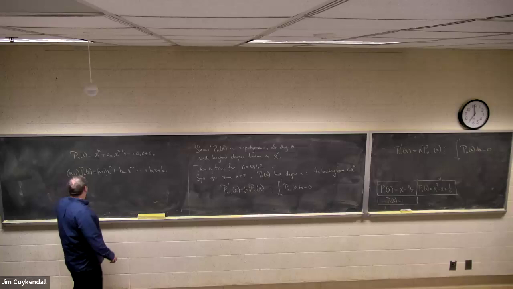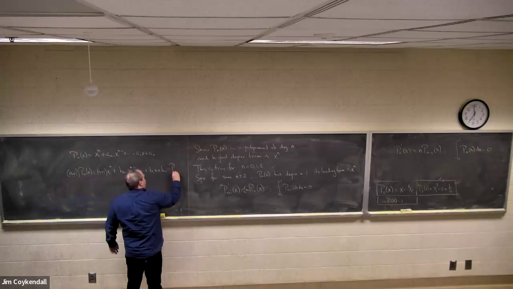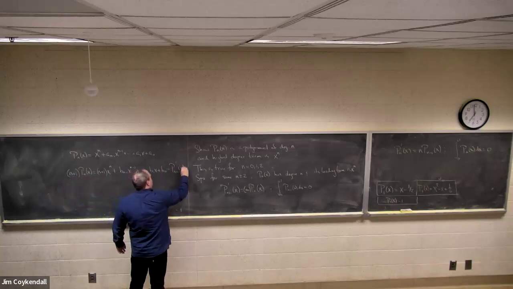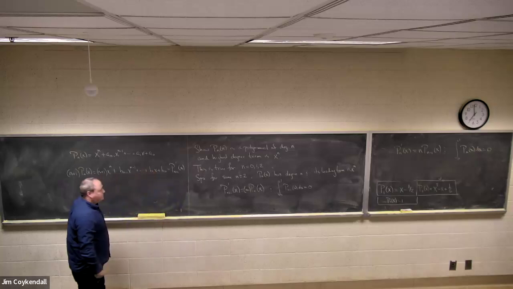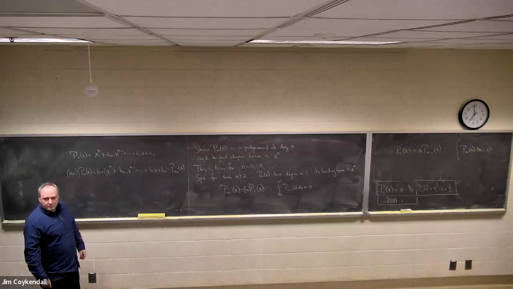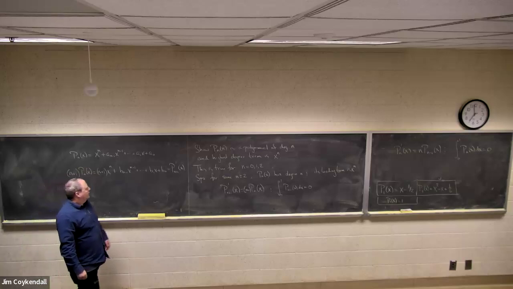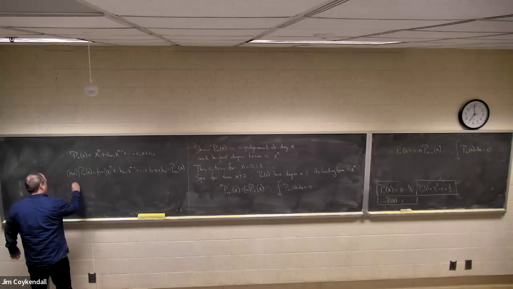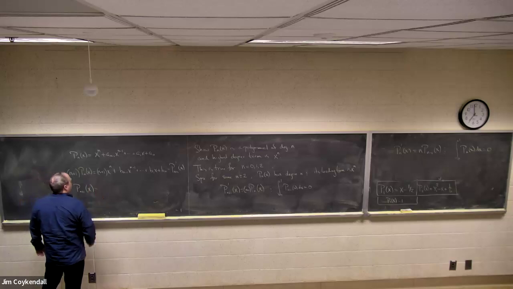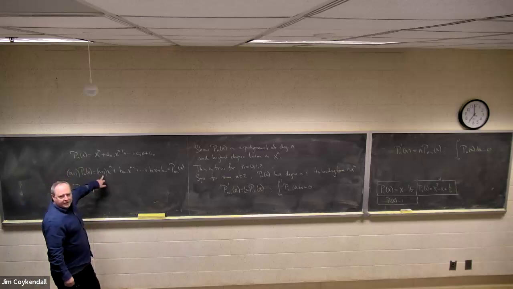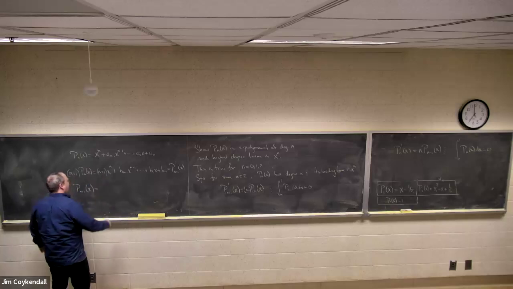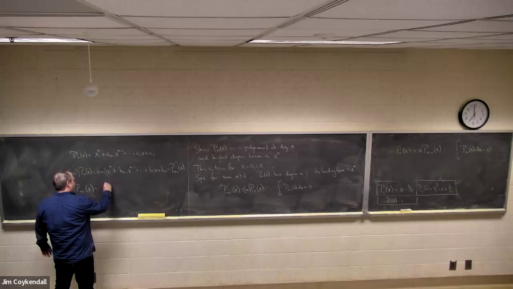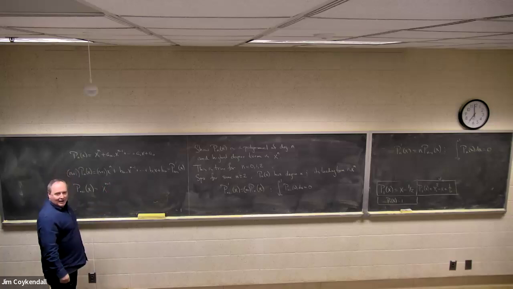And what is this? Well, this is P(n+1) prime of x. So let's integrate this. You all know how to integrate. What's the antiderivative of n plus 1 times x to the n? n plus one over n plus one, so that's x to the n plus 1.